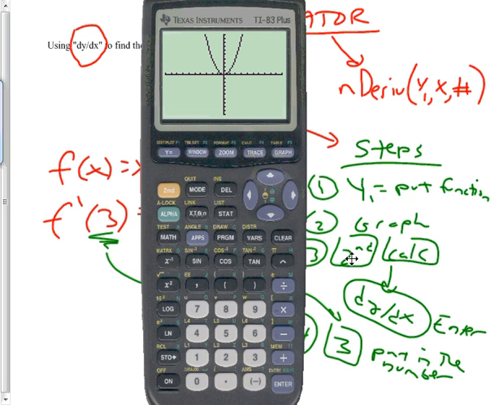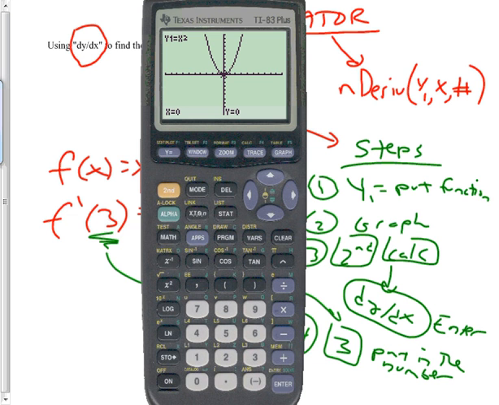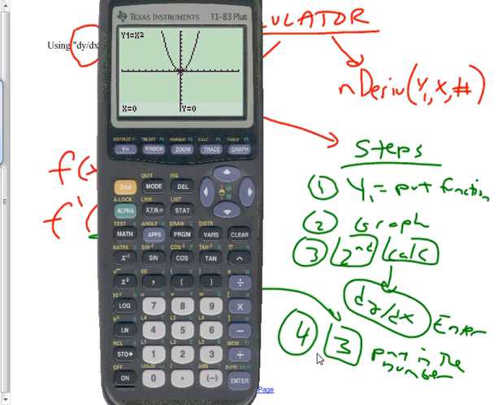Now I'm going to press second, calc, the yellow button, go down to dy/dx, and press enter. And now I'm going to put in the number, x equals 3. I press the number 3, press enter, and it tells me here dy/dx equals 6.